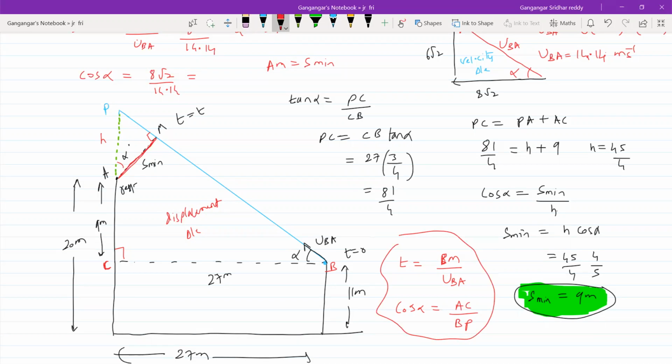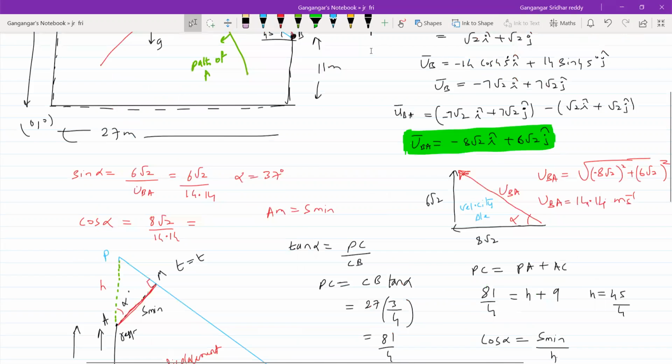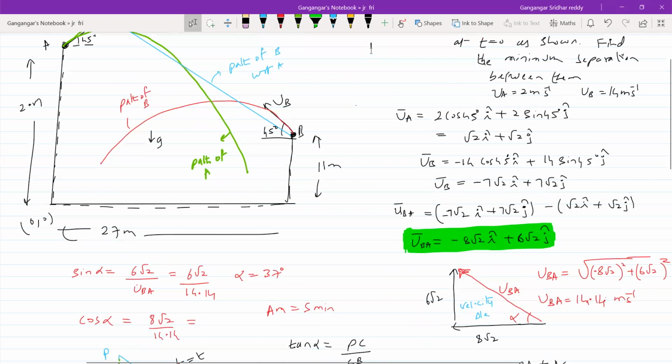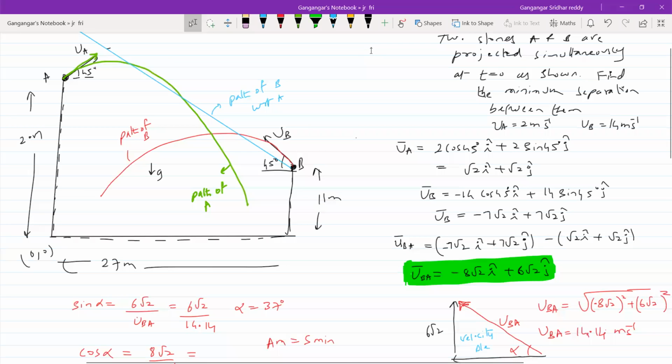Okay, what all we did, I'll scroll up, just see once. I think we started like this. Two stones A and B are projected. The path of B with respect to A is parabolic, and the path of A is parabolic. The path of A can be on the right side of B also. I'm just giving a rough diagram.